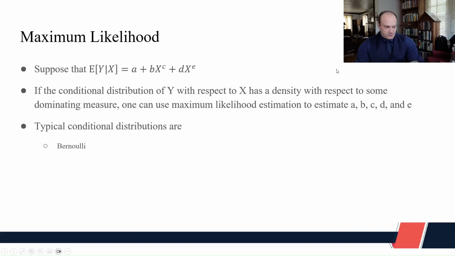Typical distributions, and these are the ones we'll explore in the R code section of this presentation, are Bernoulli, normal, Poisson, gamma, and Tweedie.